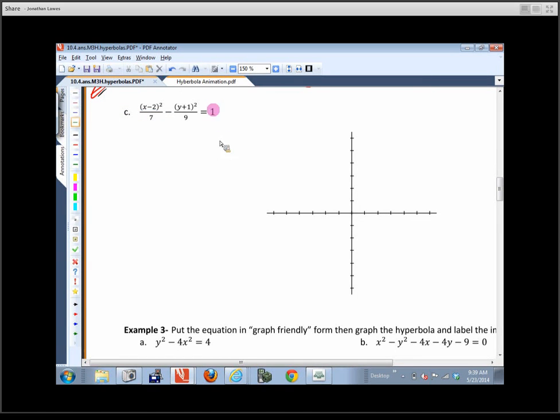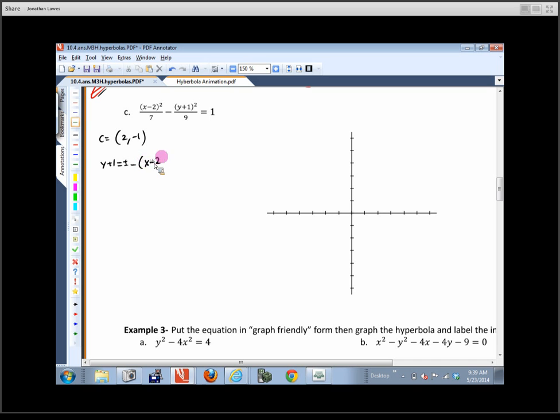Okay. This is in graph-friendly form. I would recommend, you don't have to do this, but I'm going to write down that the center is at 2, -1. I'm going to write down what the asymptotes are. Okay, the asymptotes are, grab the expression with the y plus 1 equals plus or minus, we're going to make a fraction.